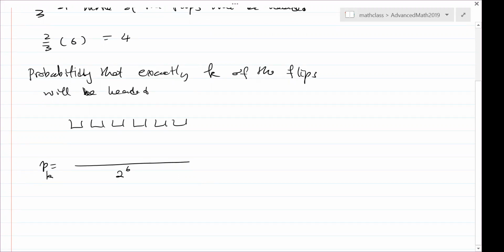For the numerator, you want to get exactly K heads. K could be 0, 1, 2, all the way to 6. 0 means none of the flips will be heads. Let's assume, for example, K equals 4. You label the places 1, 2, 3, 4, 5, 6, and view them as students with names 1 through 6.